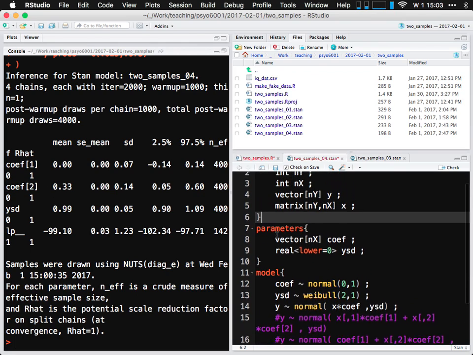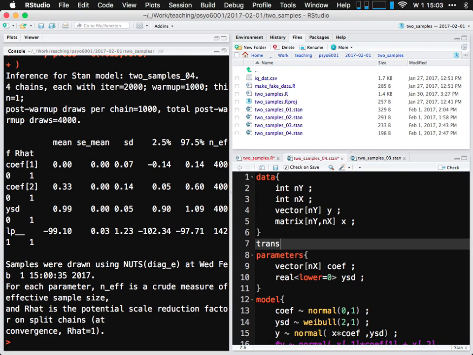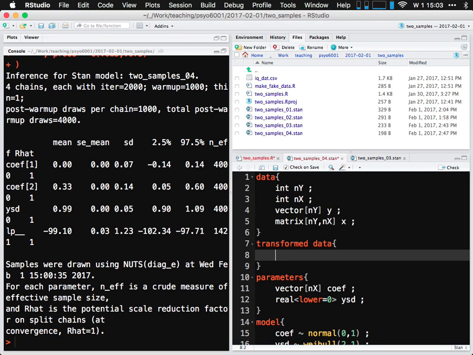There's actually two sections that I haven't told you about. There's the data, parameters, model sections, but you can also define something called transformed data. In transformed data, you need to define variables. So I'll define a new vector and call it y scaled.